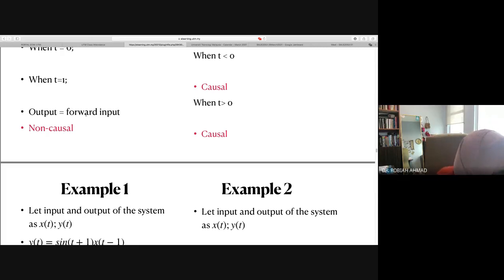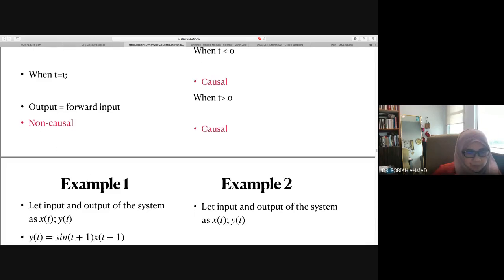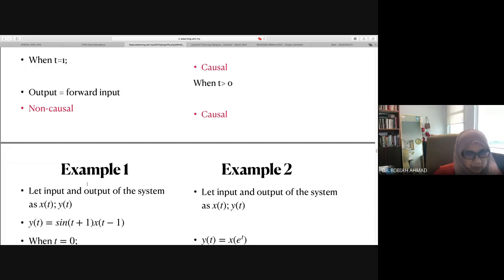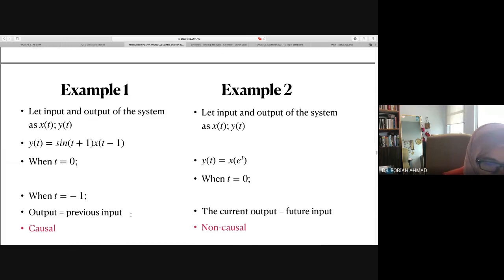Okay. So what about example 1? Causal or non-causal? Example 1. I think non-causal. Hello? Is there an echo? Example 1, I wrote this as causal.